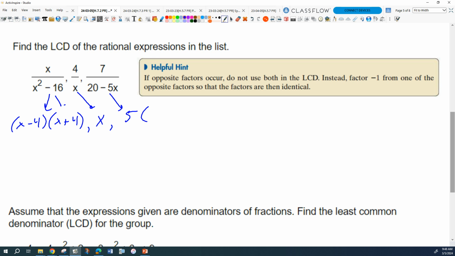And what's left behind? Okay, so then if we want to write our LCD, what's it going to be? So we've got a 5, let's do the number first. We've got an x minus 4, x plus 4.